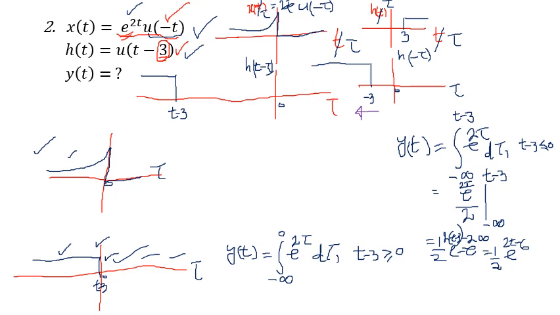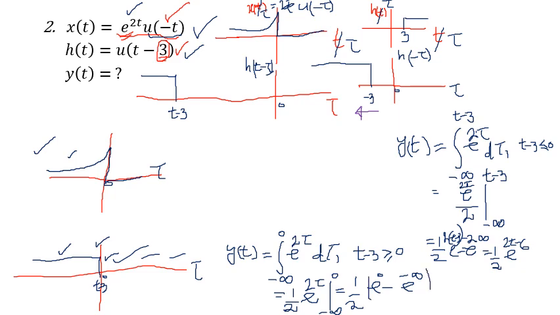So what is the integration of e power 2 tau? Again it will be 1 by 2 e power 2 tau, and the limit of integration is minus infinity up to 0. So you have 1 by 2, the upper limit is 0 so e power 0 equals 1, and the lower limit is minus infinity so e power minus infinity equals 0.